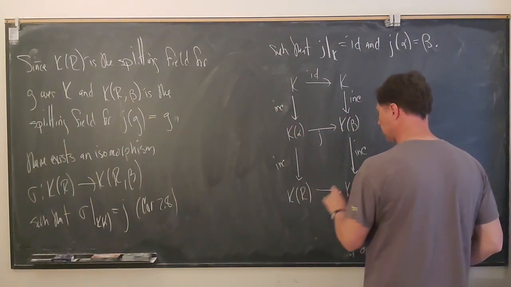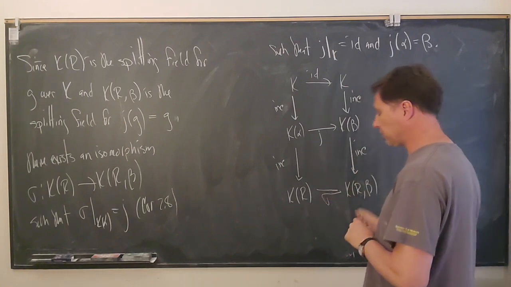So now we have a map like that, sigma from here to here.